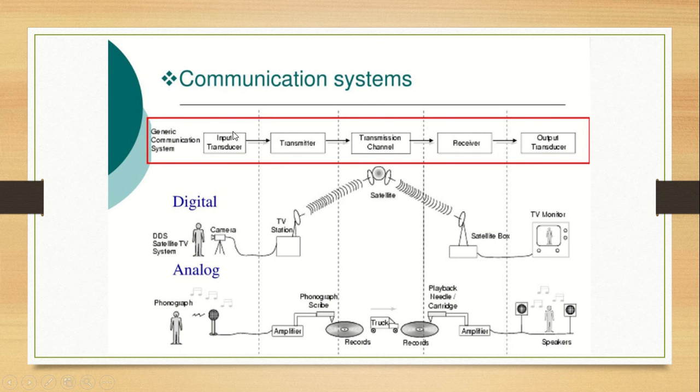The voice signal will be converted into electrical signal and amplified. Then it will be recorded here on a track. Then we have the records, the playback, the amplifier, and then you can hear the music and the voice through these speakers. Okay, so this is the simple logic of a communication system.